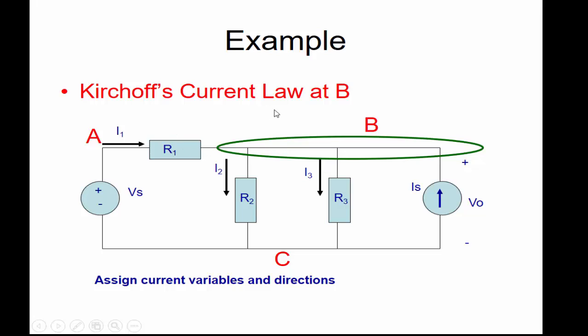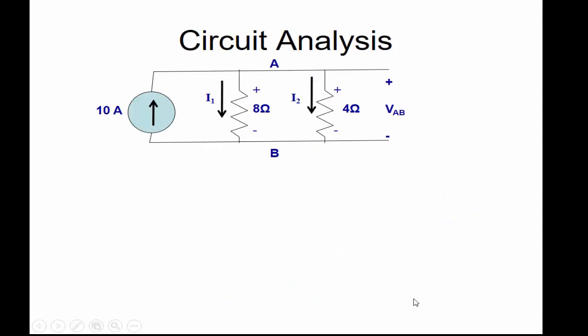So if we obey Kirchhoff's current law, where we add those which are coming in and subtract those going out, this is going to be I1 minus I2 minus I3. And of course this one is also going into the node, so all those that are entering, we add them. So it's I1 minus I2 minus I3 plus IS is equal to 0.